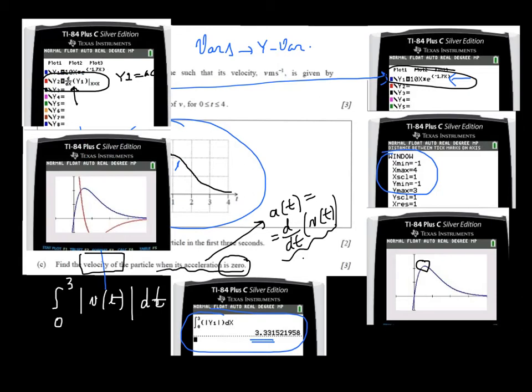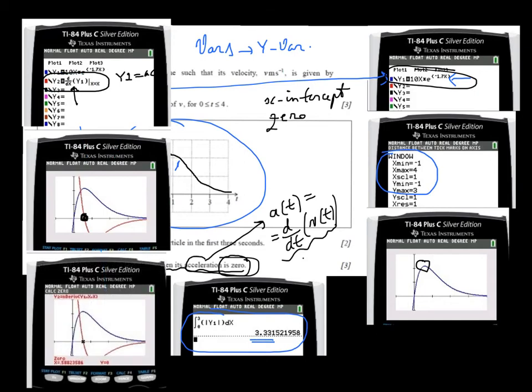Now you want to see where the acceleration is 0. This is the point where the acceleration is 0. So you need to look for the x-intercept, which your GDC calls the zero. You need to find this point, which is called the zero of the function.